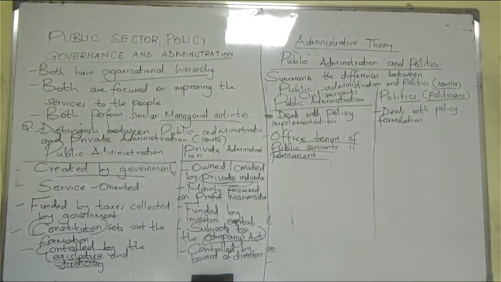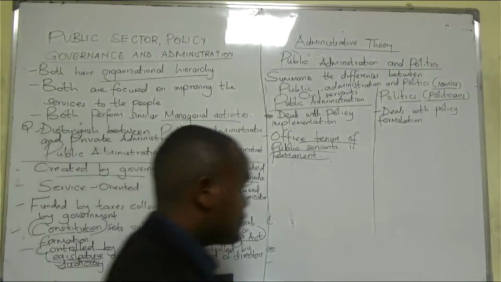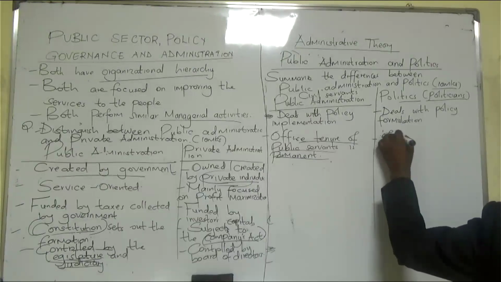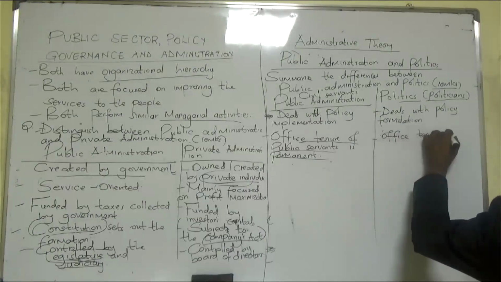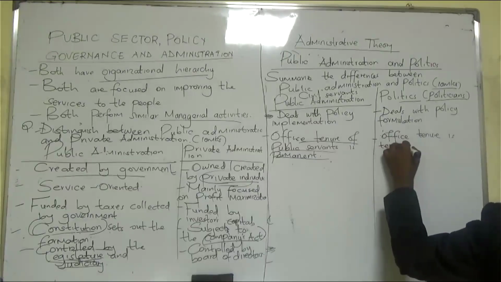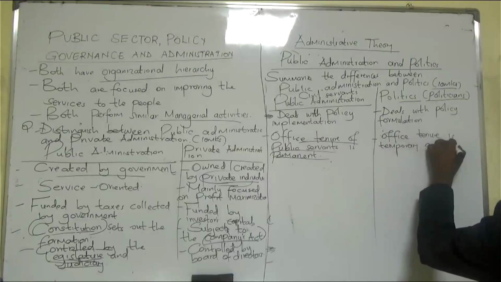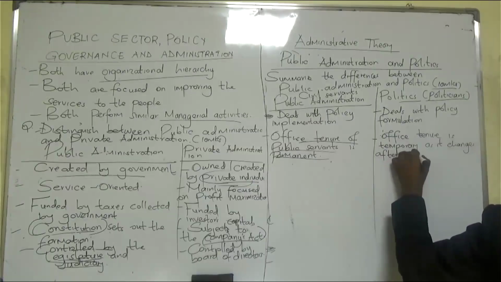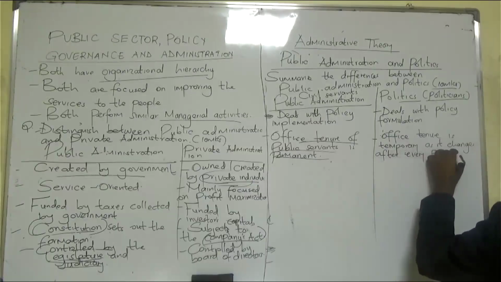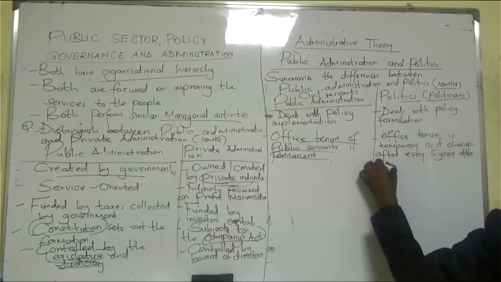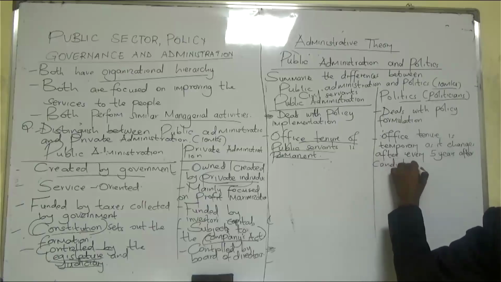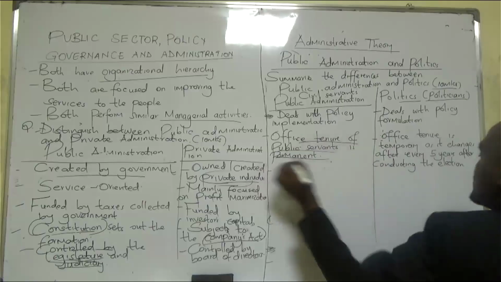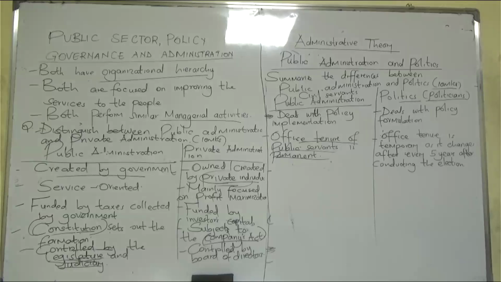It is temporary as they change. The office tenure is temporary. Why? As it changes after every 5 years, after conducting the election. Okay, so it is true, there is a distinction between public administration and politics.